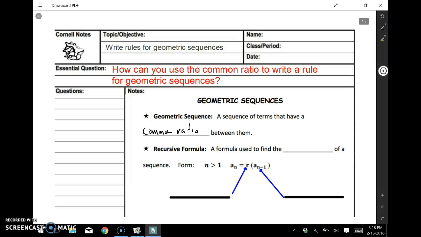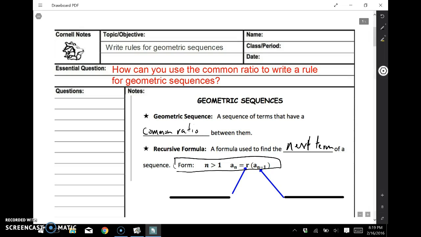A recursive formula is a formula used to find the next term. And here is the recursive rule. I have n has to be greater than 1. A(n), or a sub n, is equal to r times the quantity a sub n minus 1.